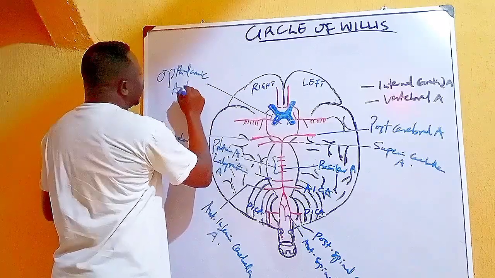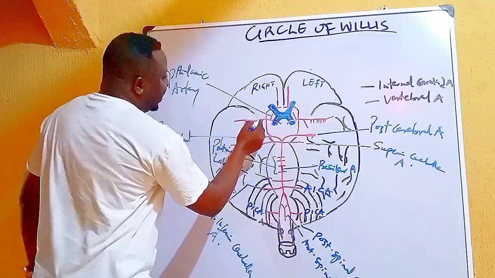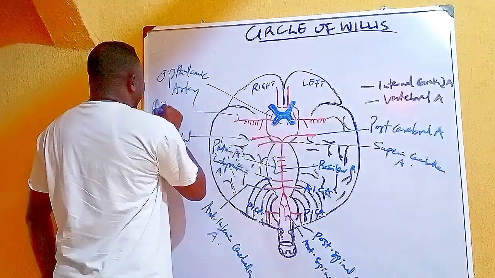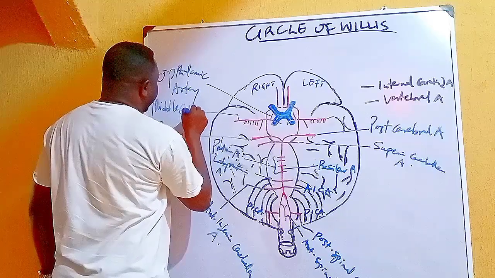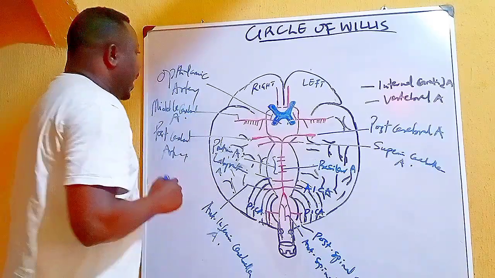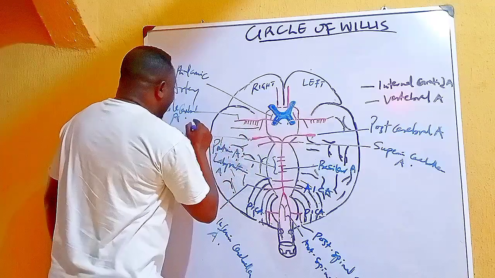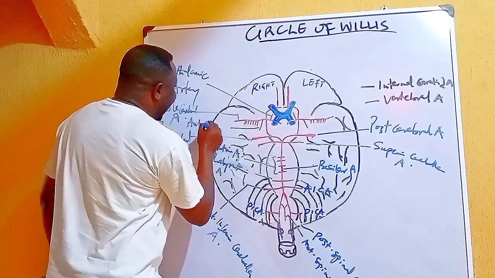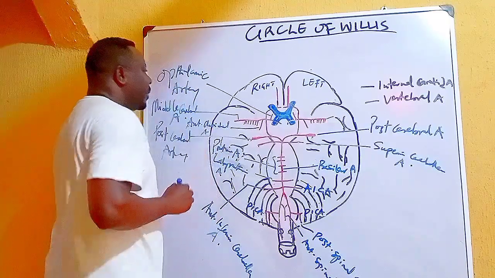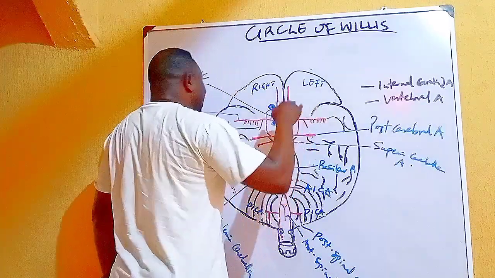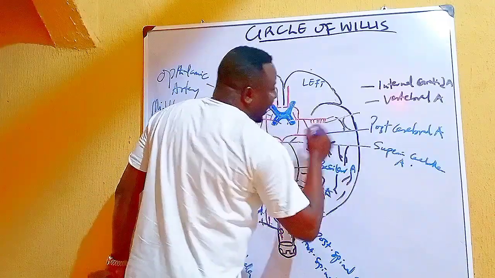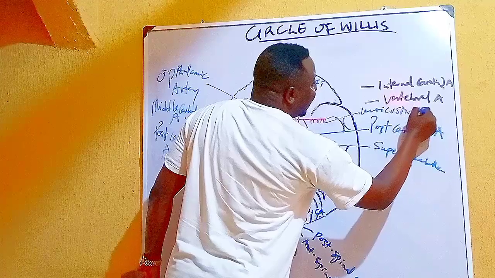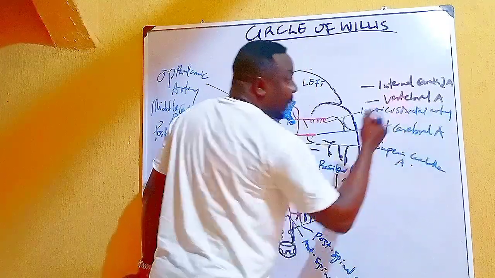And then it has another branch which is known as the middle cerebral artery, and of course it has another branch called the anterior choroidal artery. There are smaller branches that emerge from the middle cerebral artery, known as the lenticulostriatal arteries, that supply the basal ganglia.